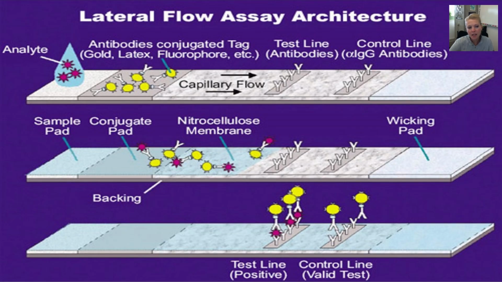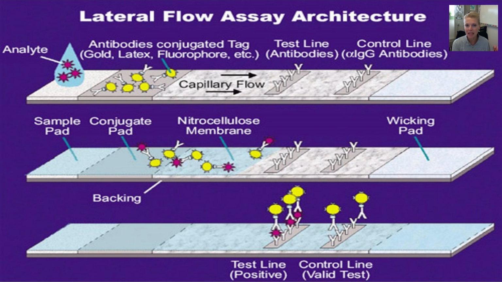Here's a diagram of a generic lateral flow assay. It's just one strip, but each strip is showing you a different step in the process. So imagine the analyte or the antigen that you are looking for, and let's just use COVID-19 as an example. When somebody is suspected of having COVID-19, they'll go in and have a rapid COVID test done.